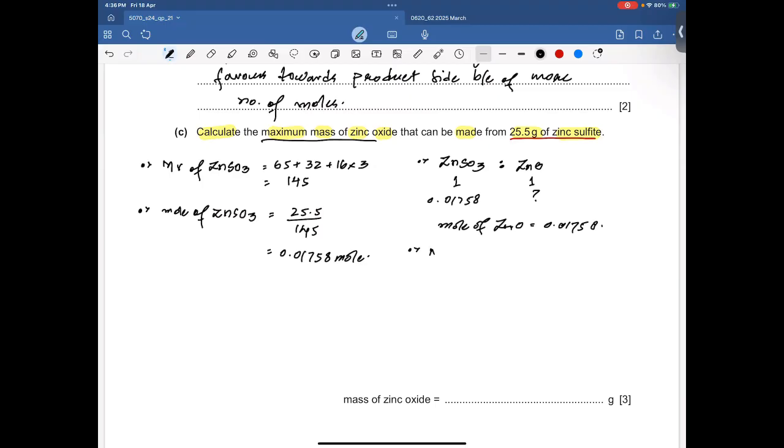So let's find out first the MR of zinc oxide, which is 65 plus 16. So I think it's going to be 81. Now I need to find the mass of zinc oxide. So I'm going to multiply moles with MR, multiply 0.01758. So it's going to be 1.423 gram.